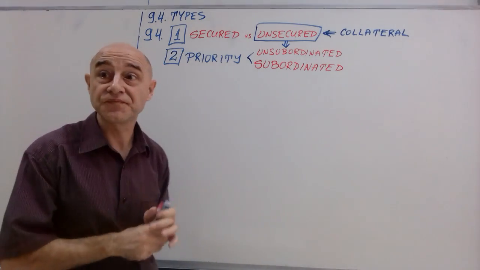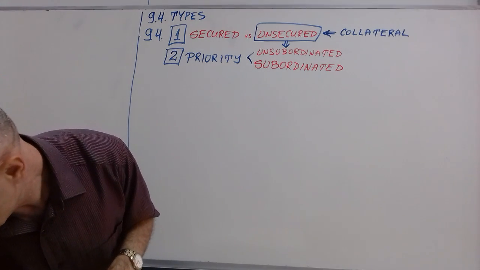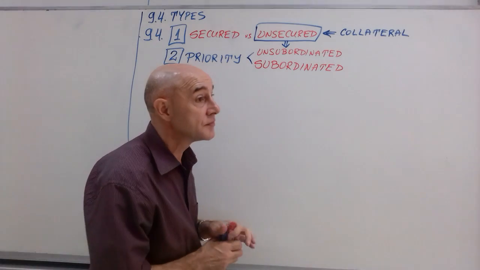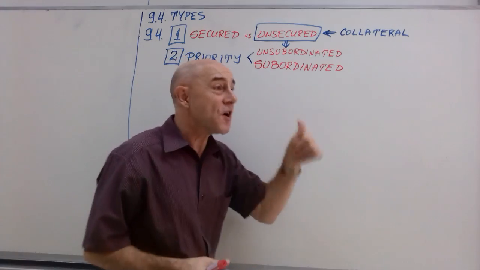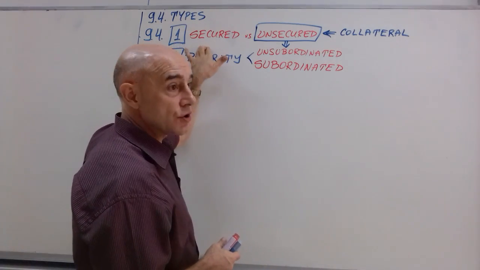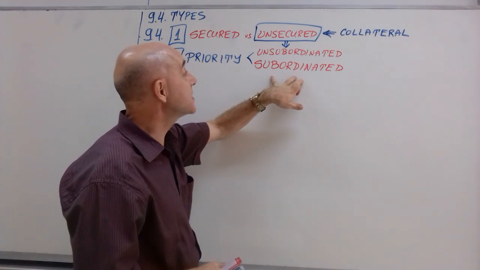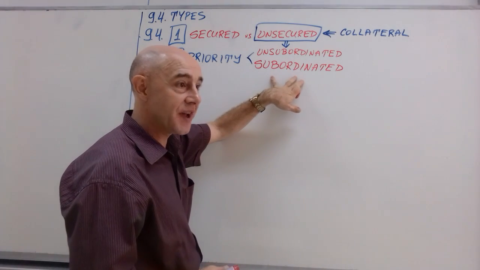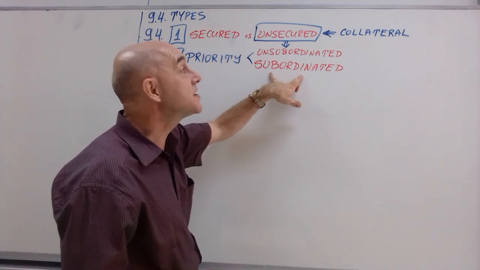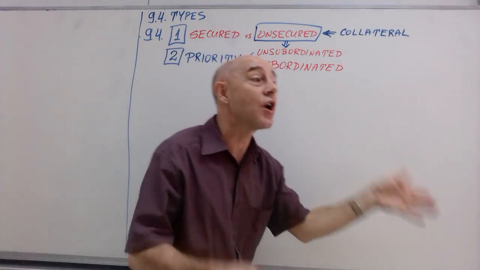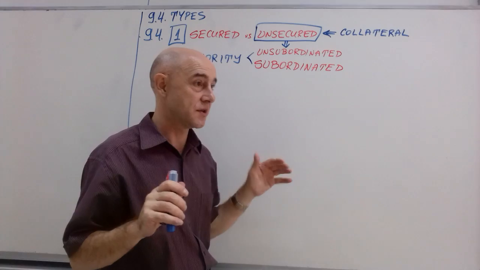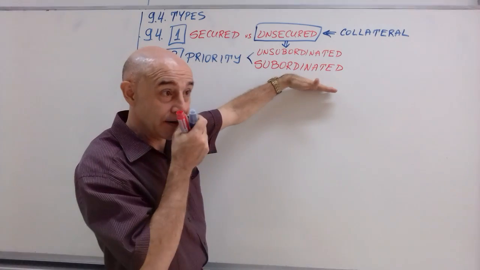That's it. So first gets paid secured. Second gets paid unsubordinated. Last gets paid subordinated. But the subordinated still gets paid before stockholders. This is all debt. Okay.